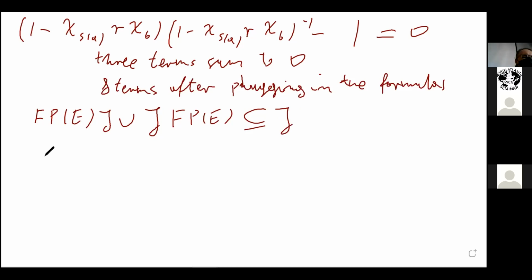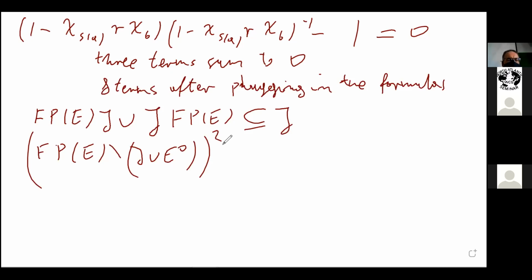Okay, and the other property that we claimed in the lemma was that if I take stuff away from FPE that is in J, in fact, I can take away even more. I can also remove vertices.